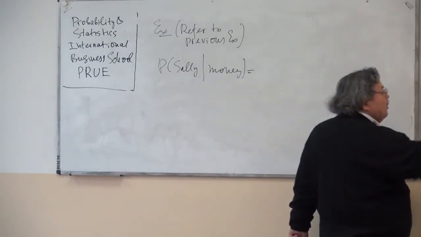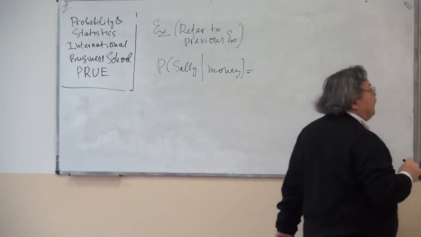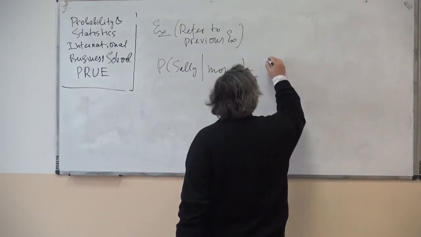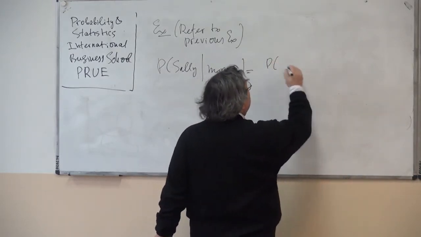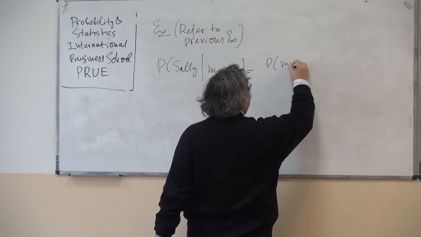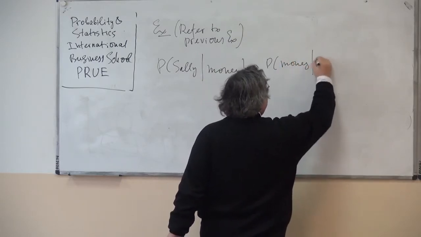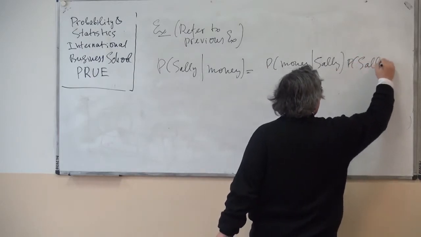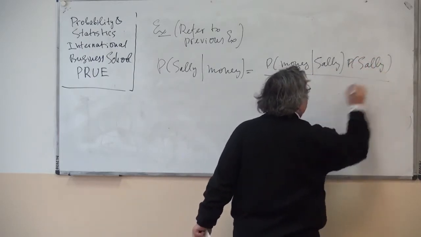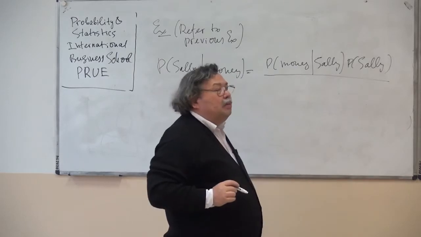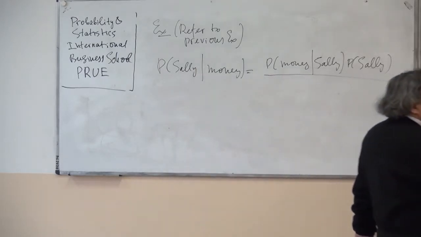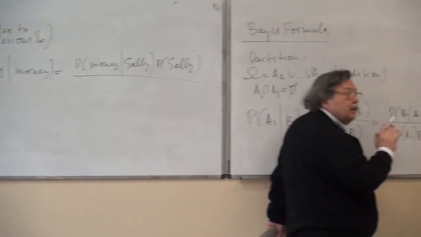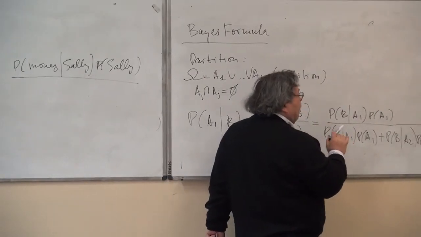Okay, now we use this formula here. The numerator is the probability that it contains money, given that it comes from Sally, times the probability of Sally. And the denominator is the probability that a letter contains money.